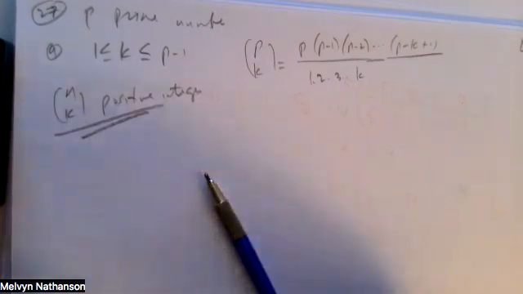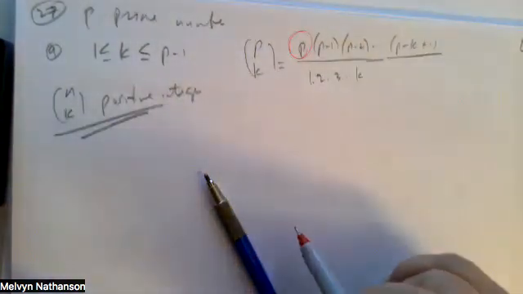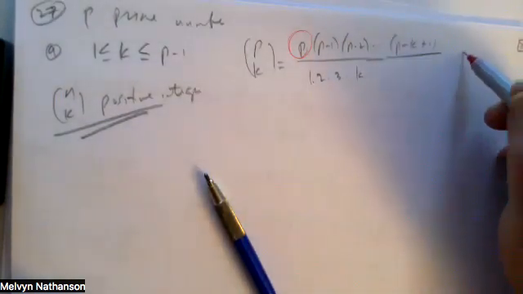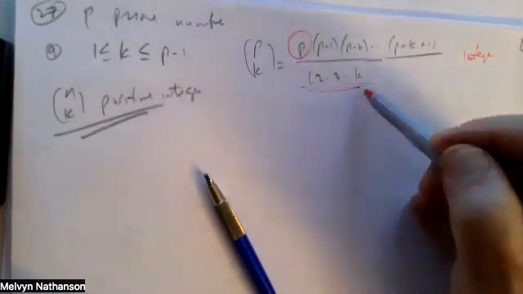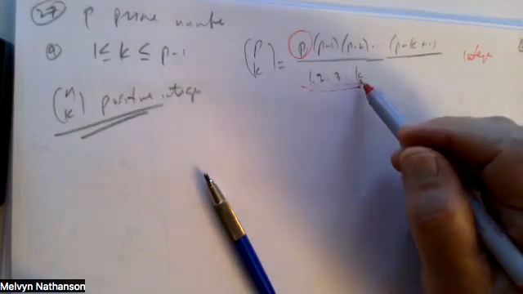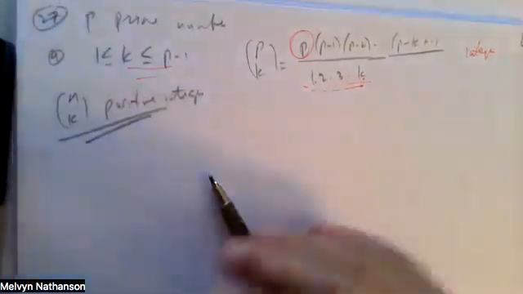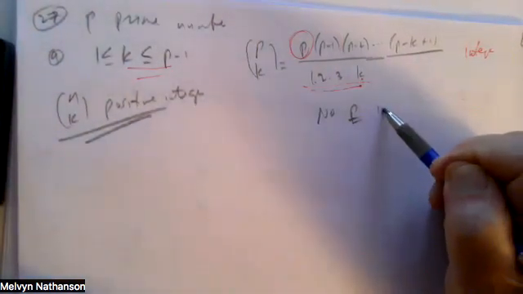And what you see is that I have a P in the numerator. But I also know, since this turns out to be an integer, that every one of these numbers divides into something in the numerator. But K is less than P, so there's no P in the denominator.